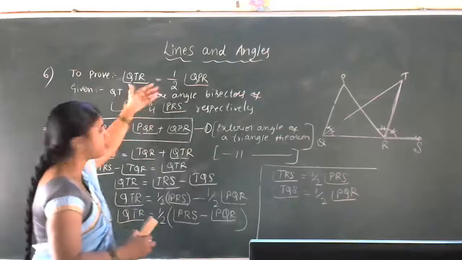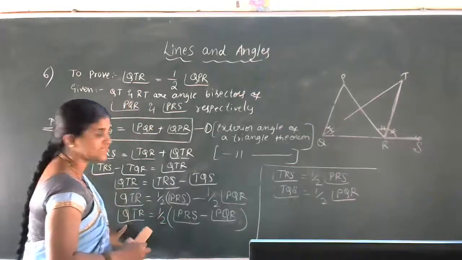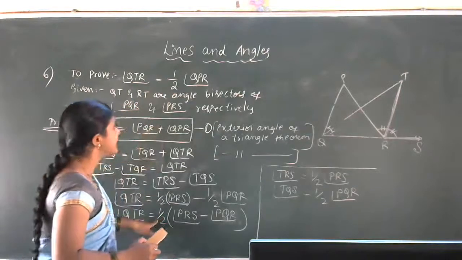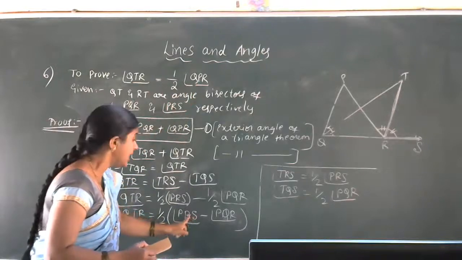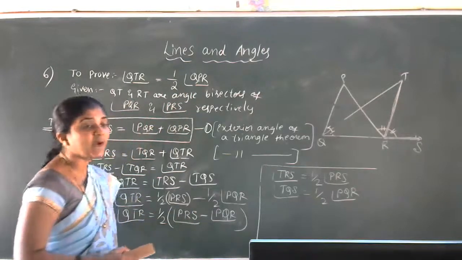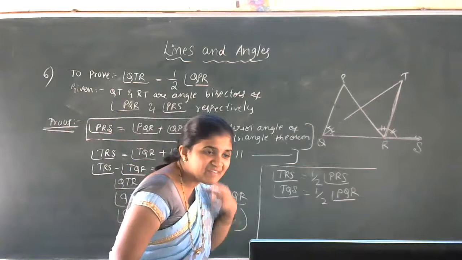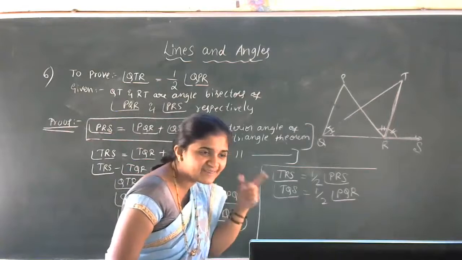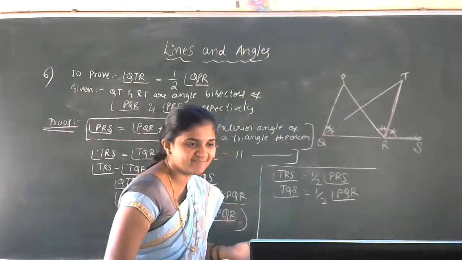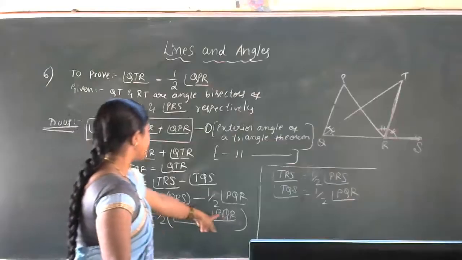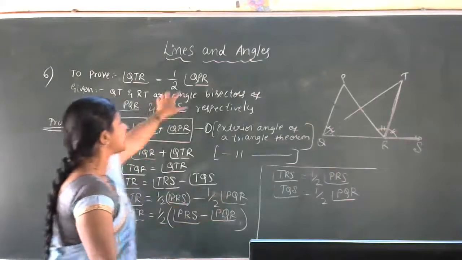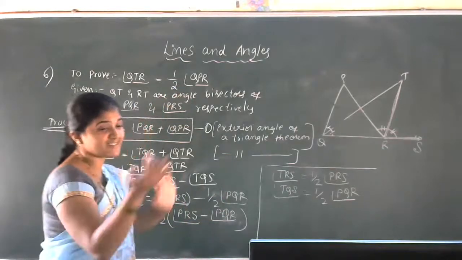See here again, see the proof part. QTR same, half we got, but here we need QPR. What we have actually is PRS minus PQR. Can you tell me what trick we have to apply to get the result? We have PRS minus PQR, but I need QPR.